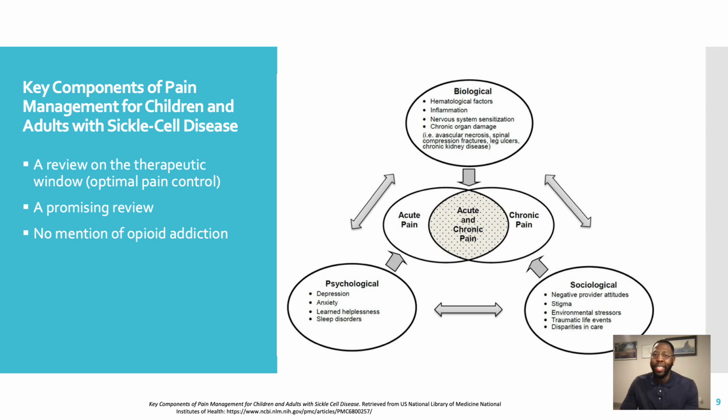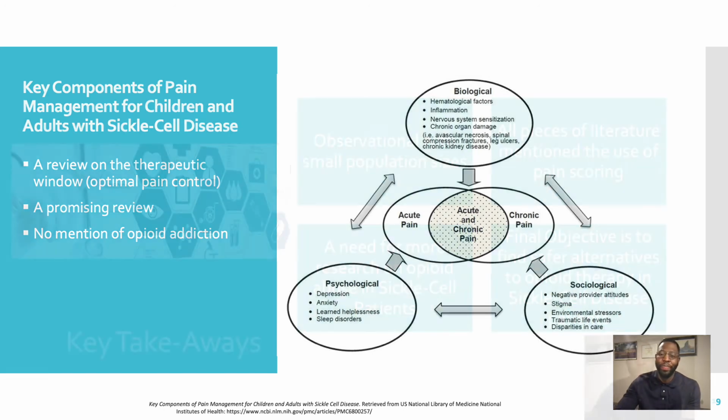The FDA and the CDC do confirm that a lot of those who have opioid use disorders suffer from these same psychological issues. So I found it quite odd that this article did not mention opioid addiction at all when we are trying to see the key components of pain management for children and adults with sickle cell disease.